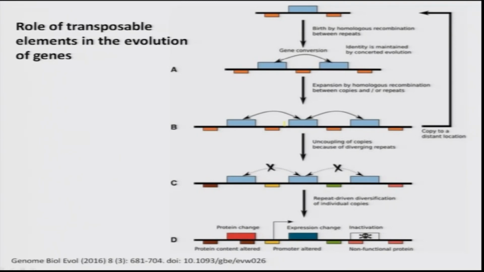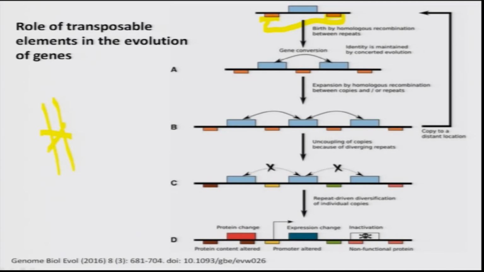So what happens in this case is that you could have, for example, the element landing on either side of a gene, right? You have identical sequence present on either side of the gene. What happens during meiosis is a process called recombination. In meiosis, recombination normally looks for identical DNA sequence and then brings the homologs together.